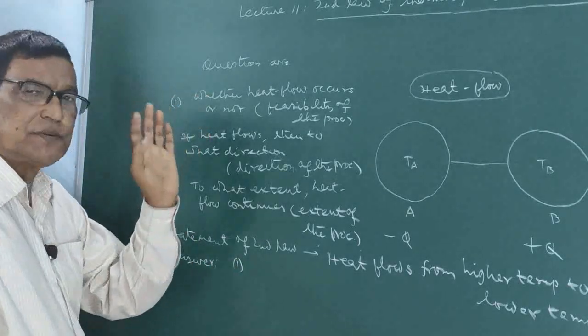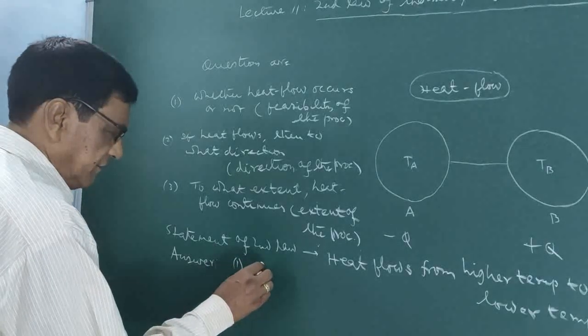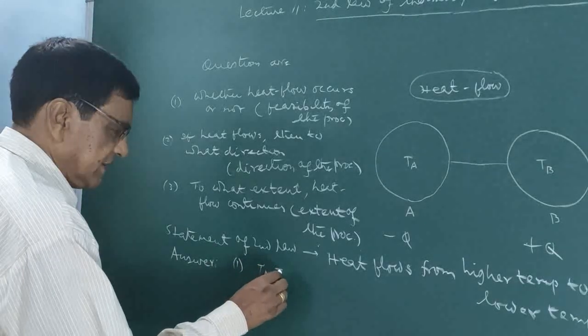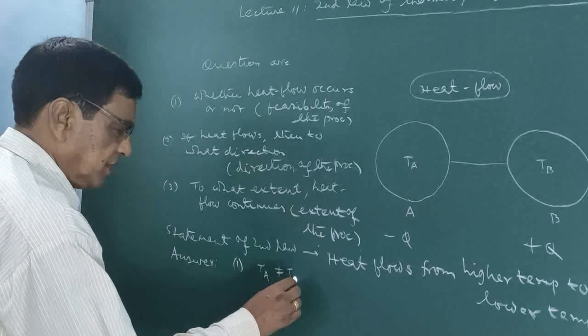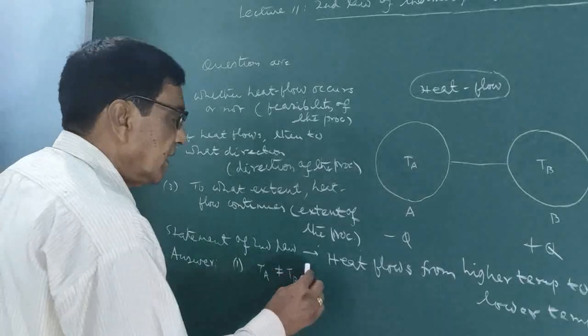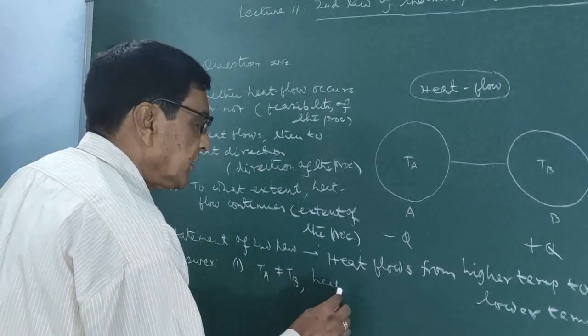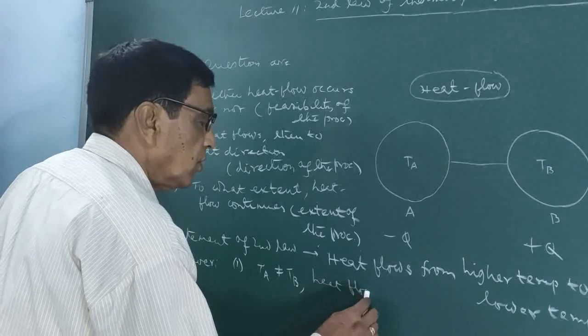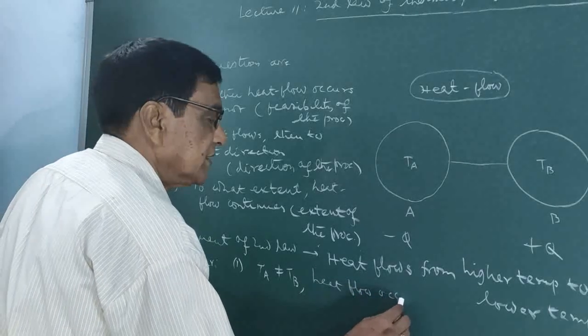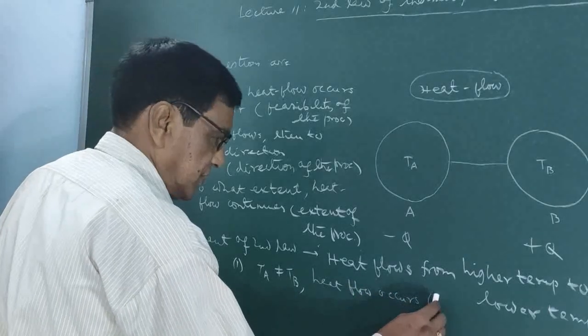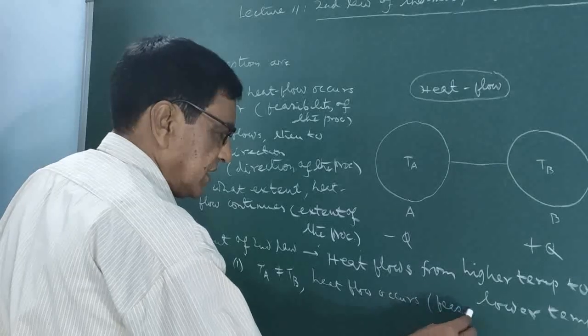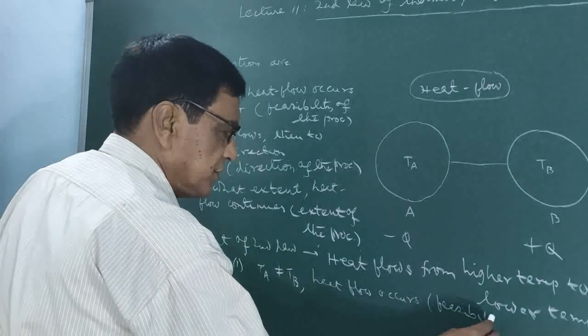Answer to question number 1: if TA is not equal to TB, heat flow occurs. This is the condition of feasibility.